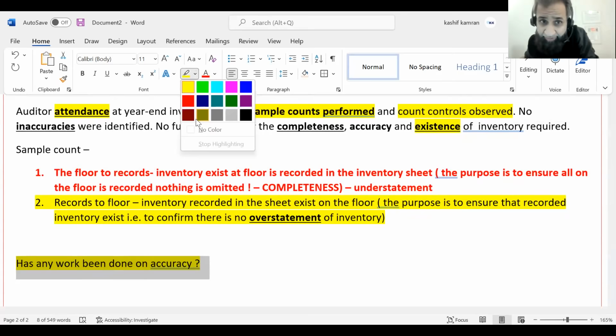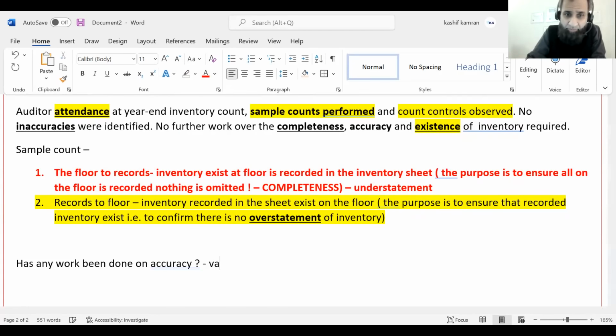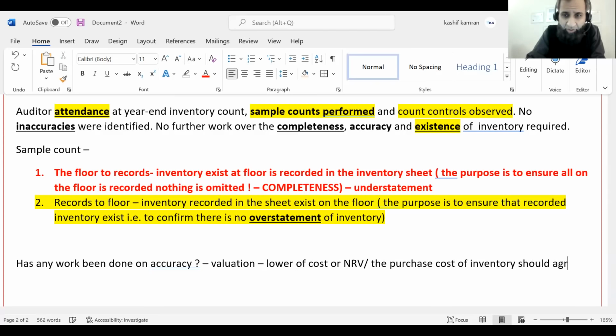What does accuracy mean? Accuracy means the valuation. Accuracy means lower of cost or NRV. Accuracy means the purchase cost. The purchase cost of inventory should agree with the purchase invoice.